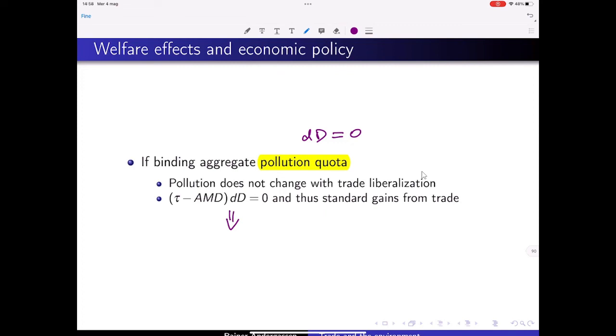And so you have only gains from trade. So this was quite simple. Pollution does not change with trade liberalization because of the quota.